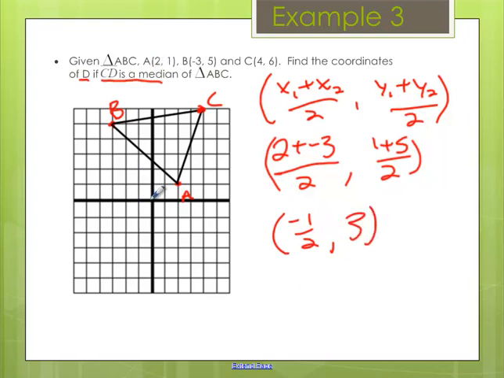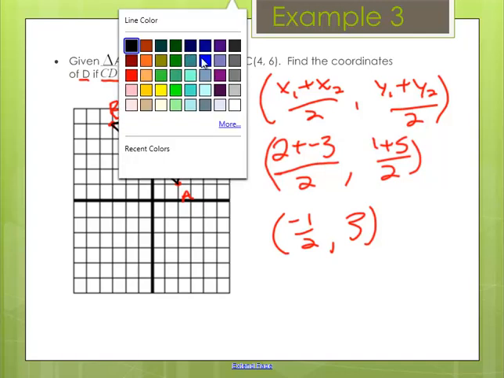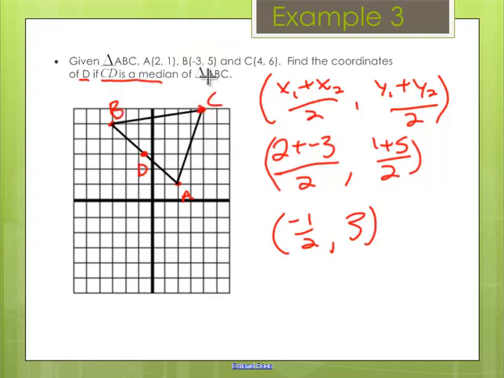So if I go over negative 1/2, up 1, 2, 3, I get a point D, and I want to connect. Let's change the color. Let's do blue just for fun. CD is a median. And what I know by doing that is that BD and AD are congruent.